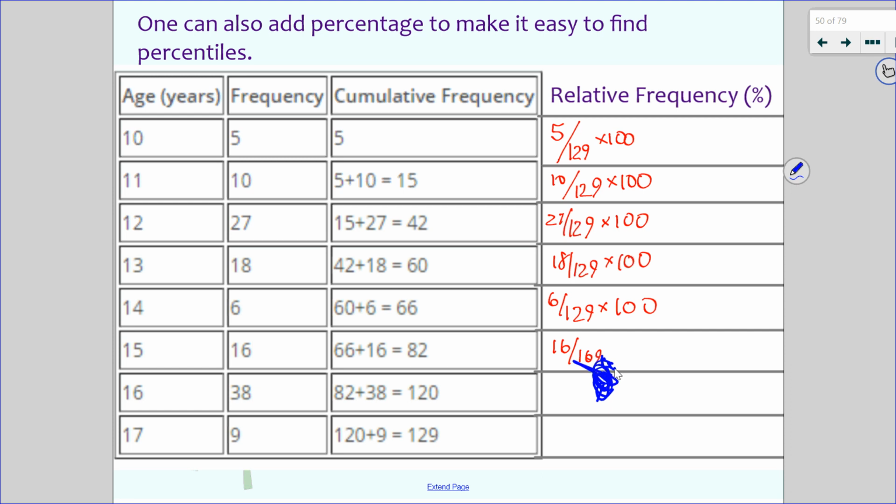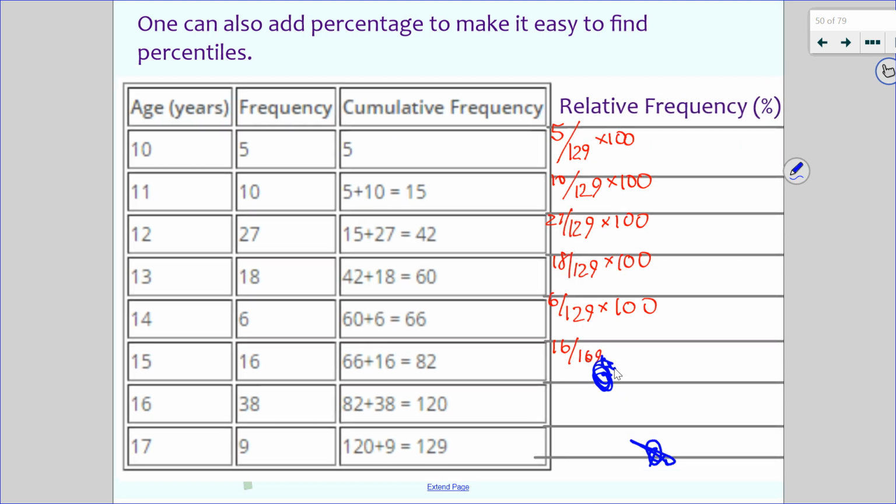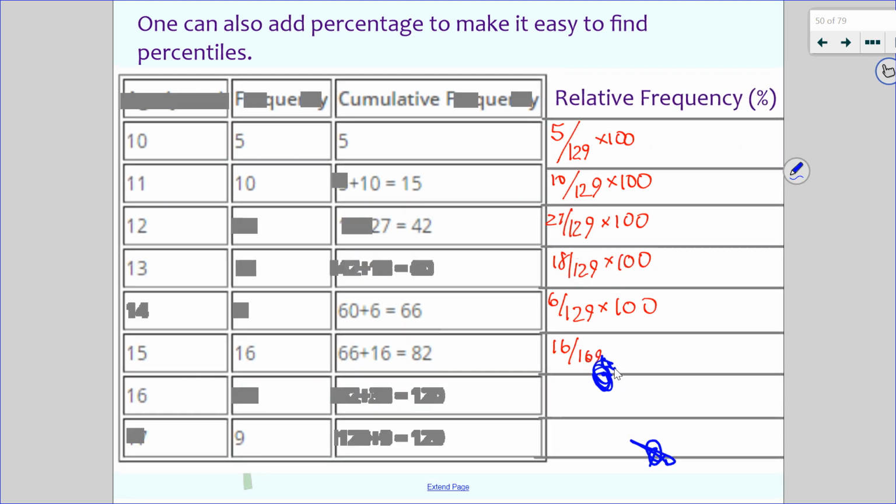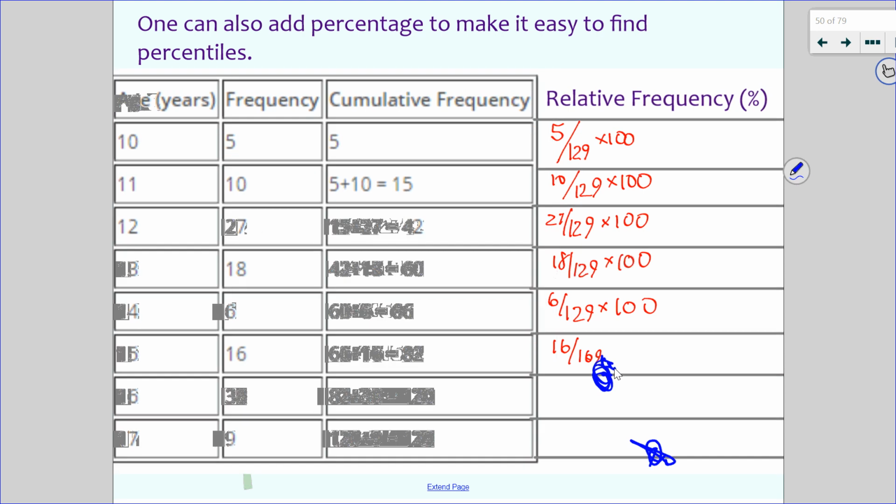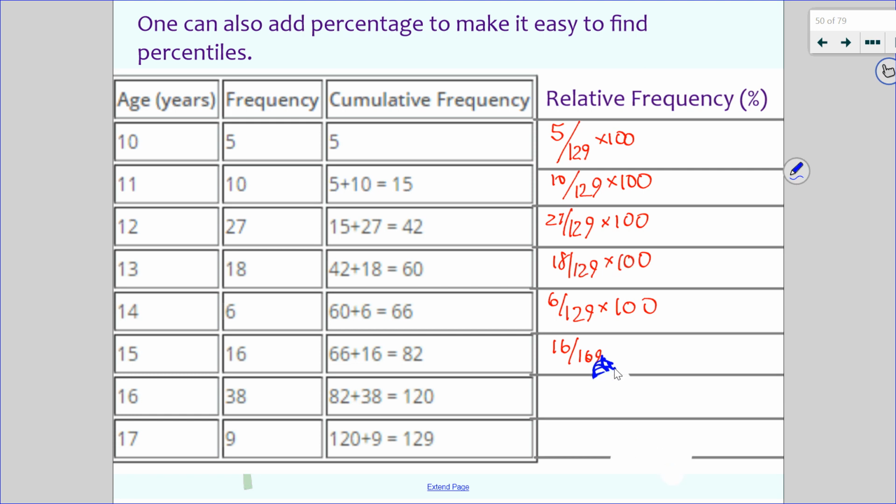Just the frequency. So my eraser stopped working, so that's fun.